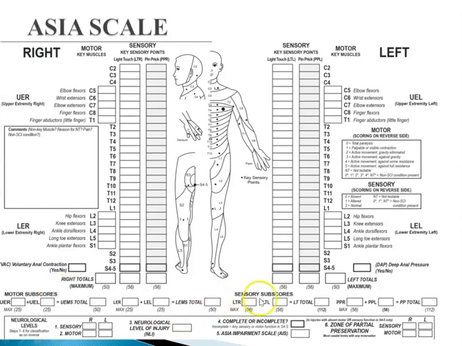Then we shift on to the sensory subscoring. Sensory subscoring is first the light touch and pinprick on the right side, and similarly the light touch and pinprick on the left side. To simplify, we calculate the light touch on the right side plus the light touch on the left side.